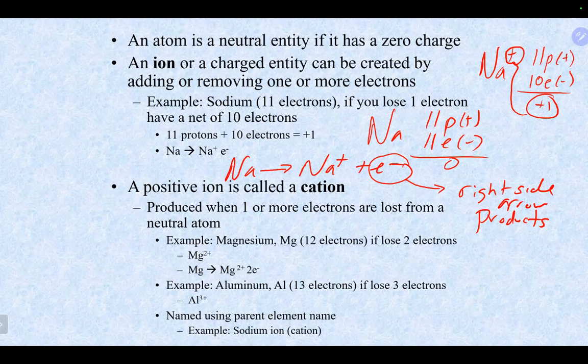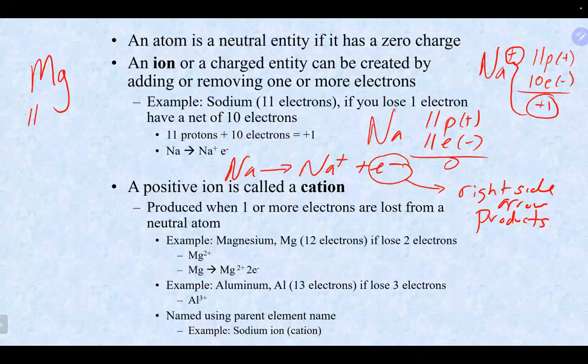Same thing if we look at magnesium. Magnesium, in a neutral sense, has atomic number 12, which means it has 12 protons. It would also have, obviously, 12 electrons.